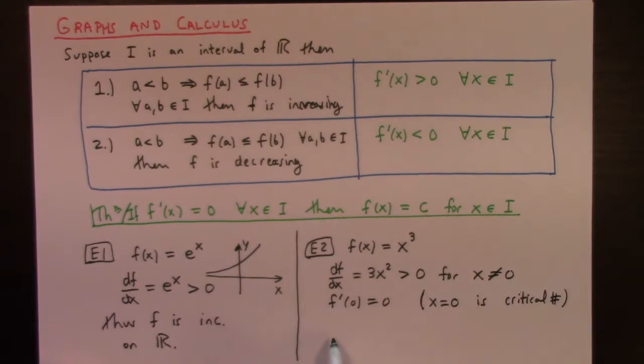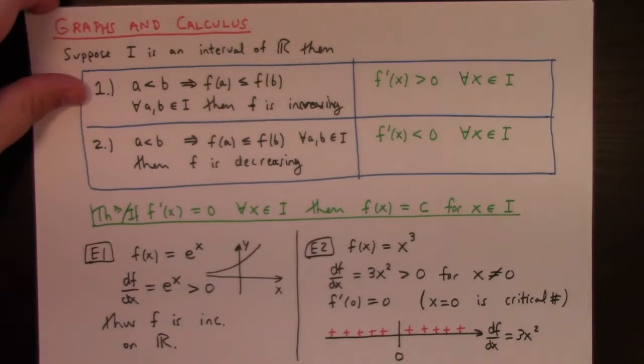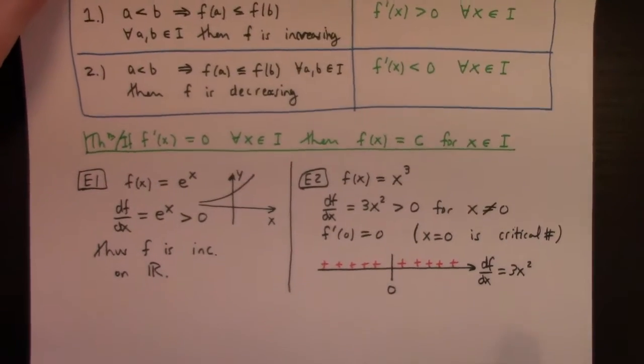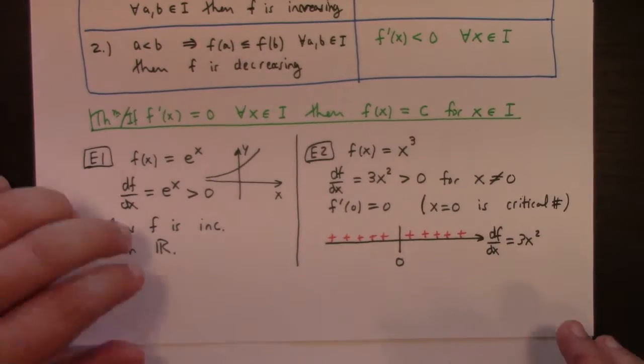But if I draw a sign chart for the derivative, df dx equals 3x squared, well, there's only one interesting number, 0, right? And you've got pluses all around. So even though there's a critical number, it's just a place where the tangent line happens to be horizontal, it levels out for a second, then it just keeps going, right?